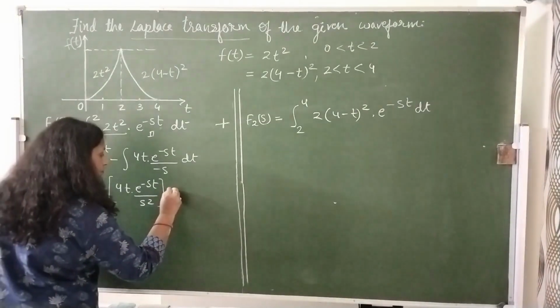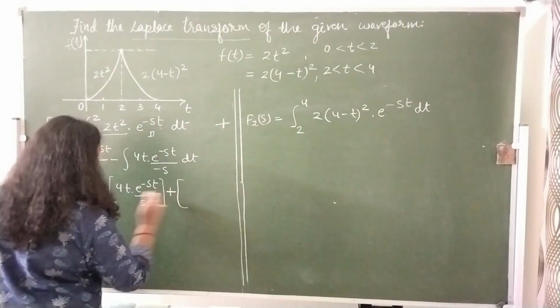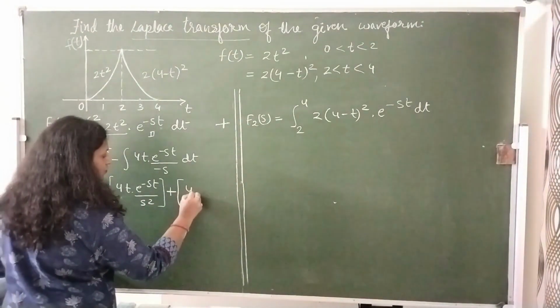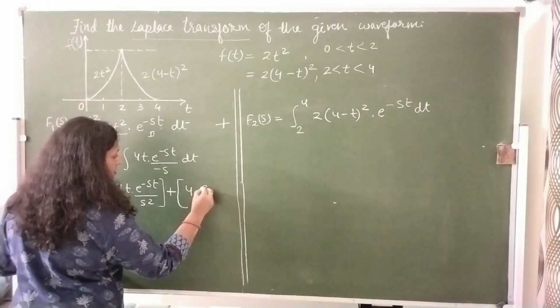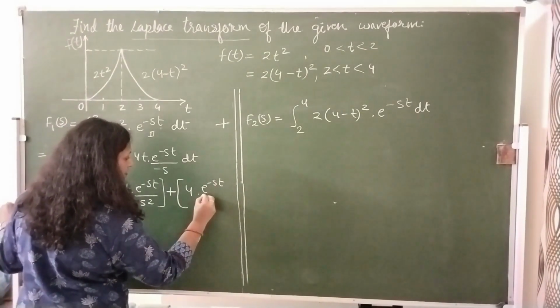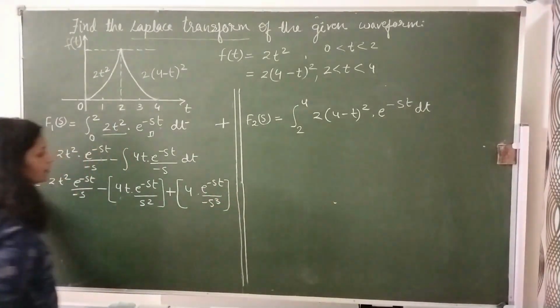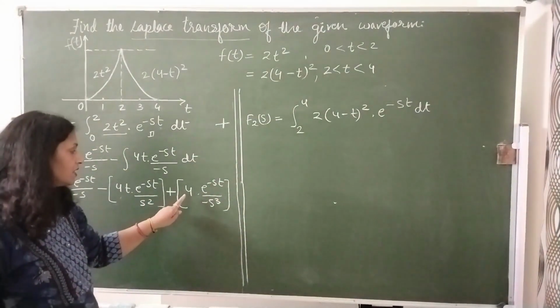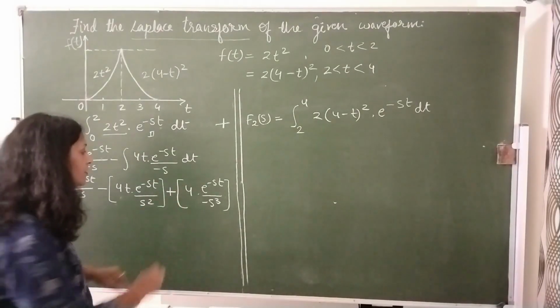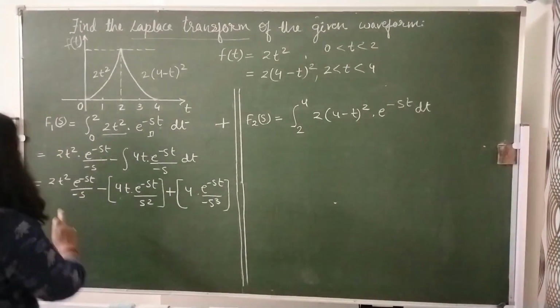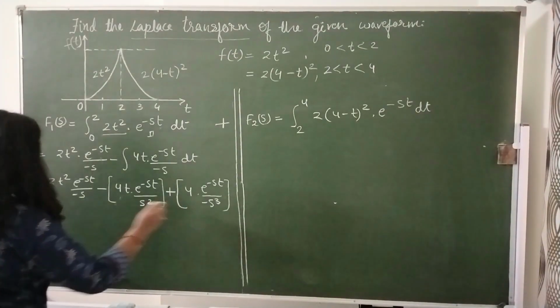For the third term, put a plus sign, differentiate this and integrate this term. This is 4 and this is e to the power minus st by minus s cube. So this is our last term, because while we differentiate this 4, it will become 0. So these three terms are there.